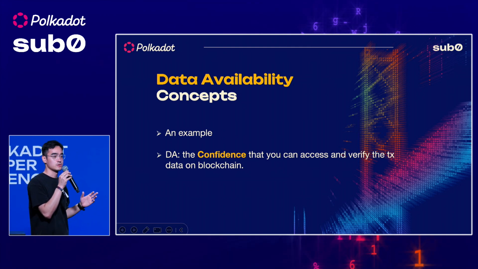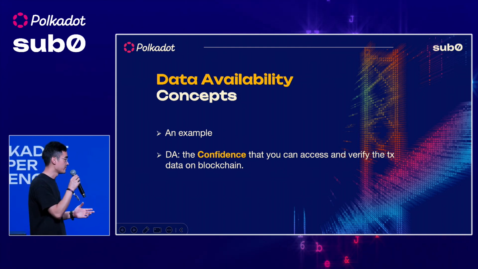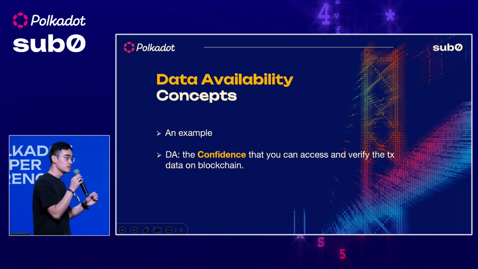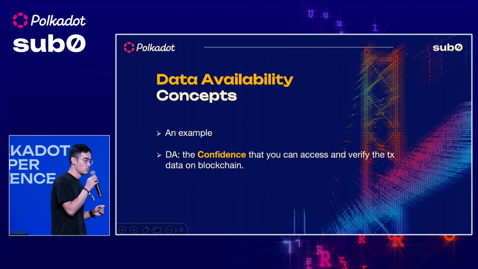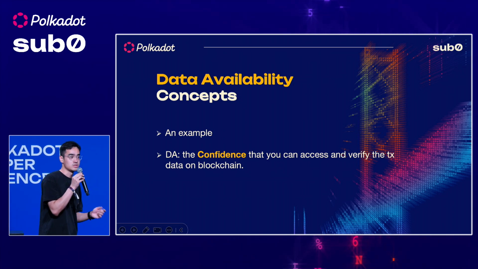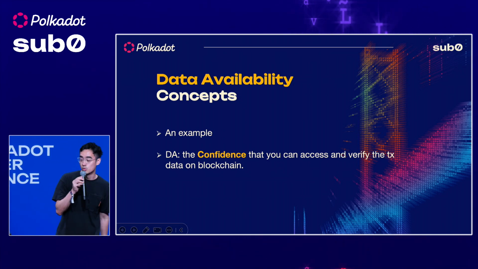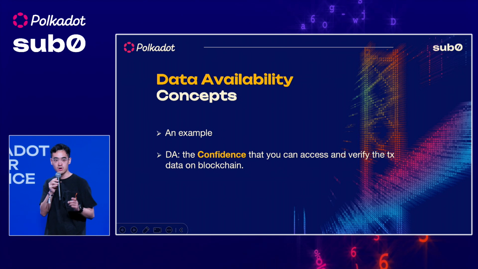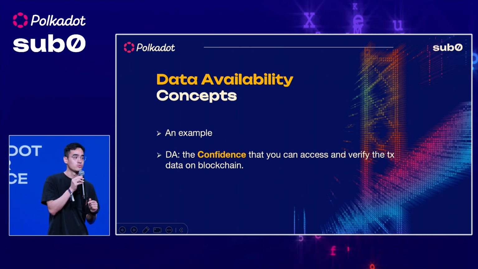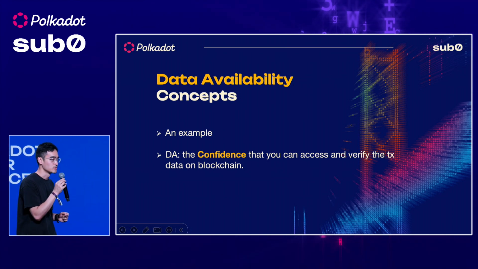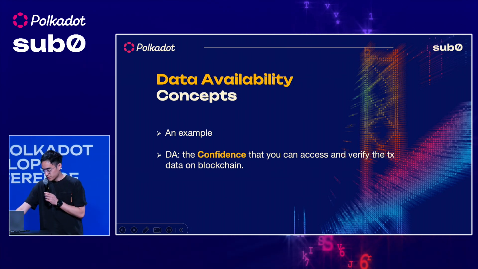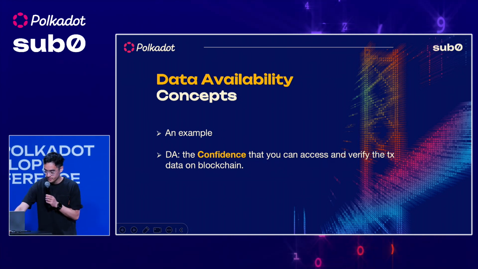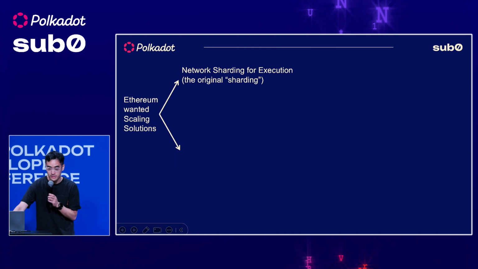You feel secure and safe that you can verify the transaction, and that is powerful. This confidence is also how optimistic rollups in Ethereum, like Arbitrum and Optimism, work: you have confidence in the data availability, and you don't really need to verify every transaction for the rollups. So this is the very basic concept of data availability.